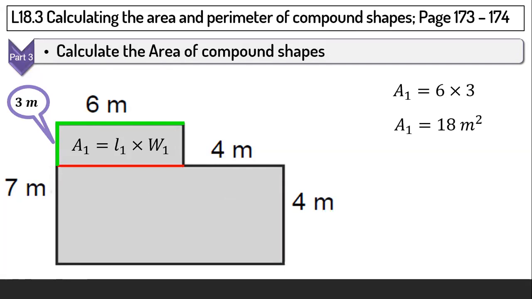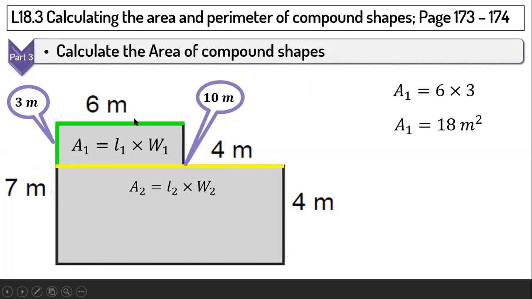Now what about area 2, the other rectangle? For the other rectangle, also your length and your width are going to change. Your length right now will be this line, so it's all of the 10. And your width will be what? This line, which is 4. So your area will be 10 times 4, which is 40.